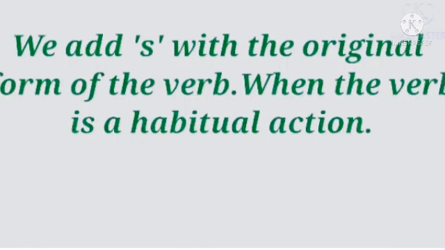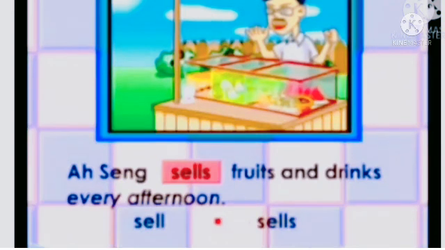We add s to the original form of the verb when the verb is a habitual action. Let us look at the example. Ocean sells fruits and drinks every afternoon. This sentence shows a habitual action. So we add s to the verb sell. So here the verb is sells.